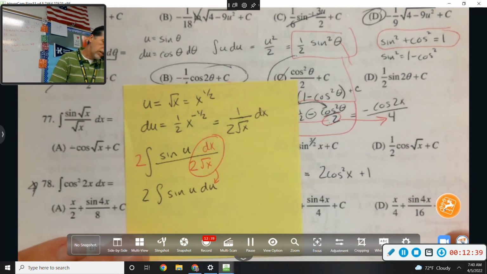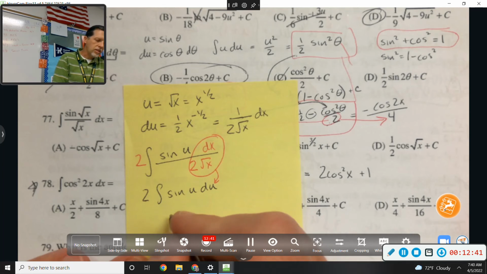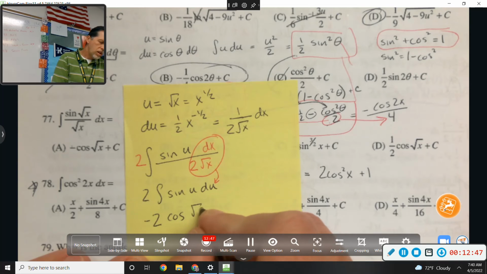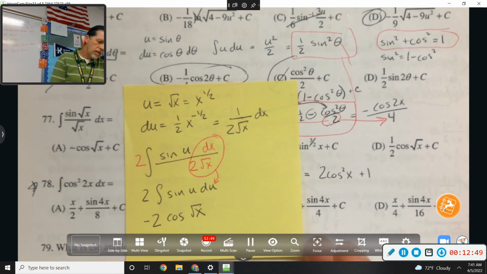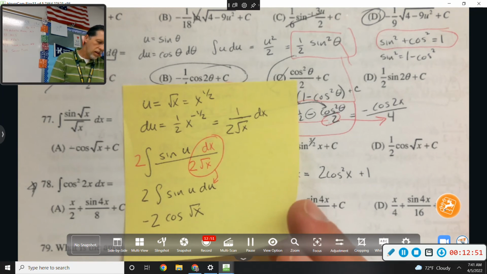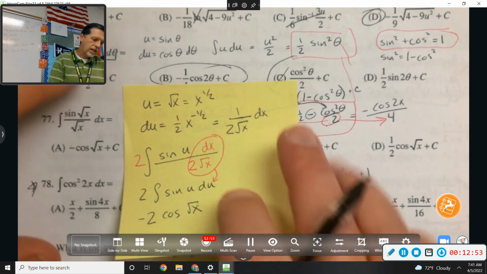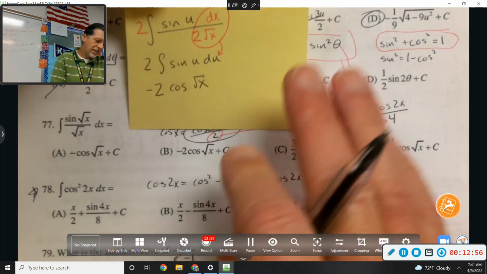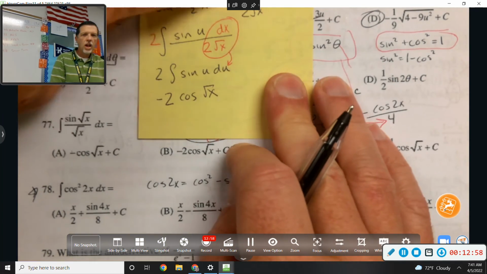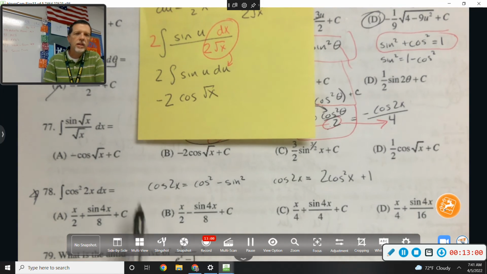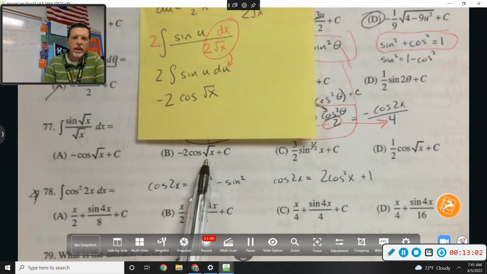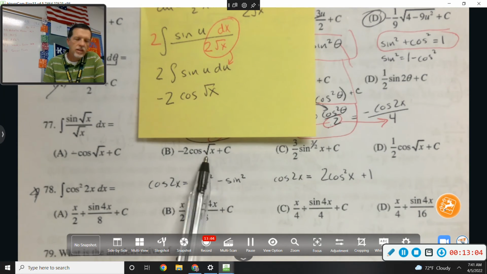And then the antiderivative of sine is negative cosine. And then let's see if that's one of our answer choices. Negative 2 cosine square root of x. Yeah, answer choice B.